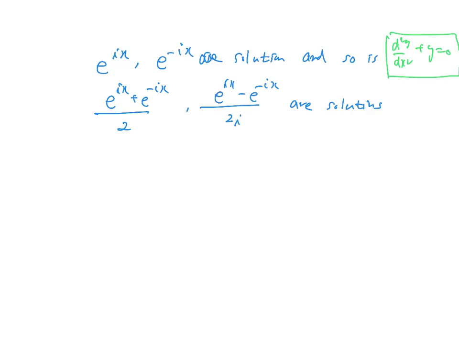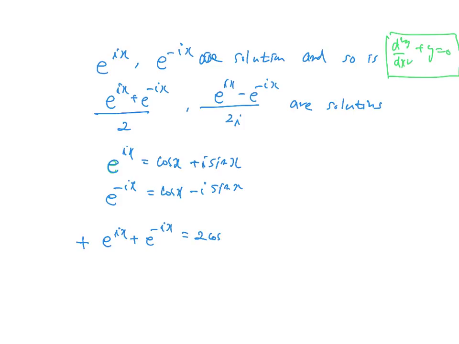So let's find out what those are. Exponential ix is cosine x plus i sine x. Exponential minus ix is cosine x minus i sine x. So if you add them together, what do you get? Two cosine x, right? So exponential ix plus exponential minus ix over 2 is cosine x.